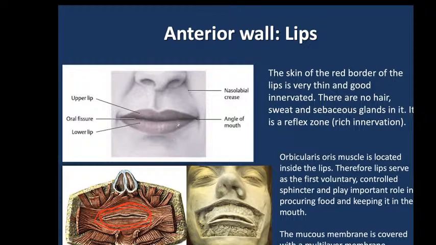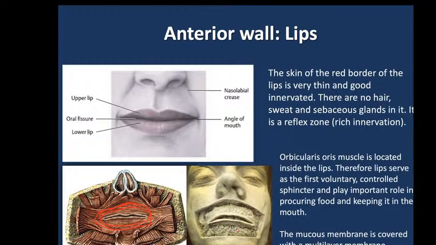Lips have two zones: the skin zone or skin part. This is a zone between mucosa and skin, and usually this part is red. We sometimes call this intermediate part the vermilion. And inside we see a mucosa layer, and in that layer are located a lot of small salivary glands.